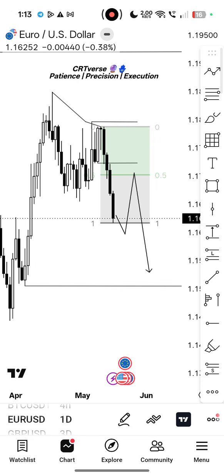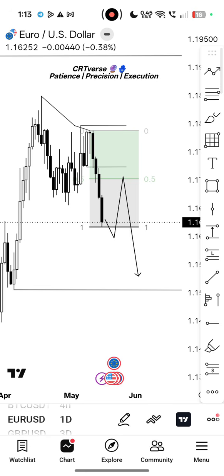I only trade EURUSD and USDCAD sometimes. If Euro is not clear, I will go back to USDCAD and then look for some trades. Only if Euro is not clear, okay? But 90% of my trades are from EURUSD, and that is my best pair ever.